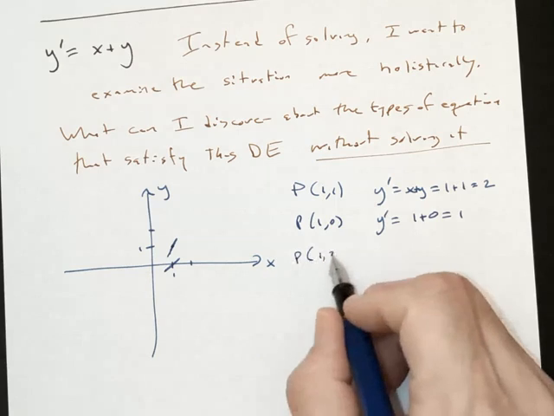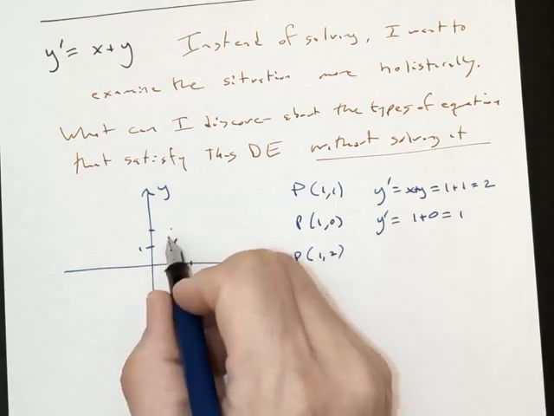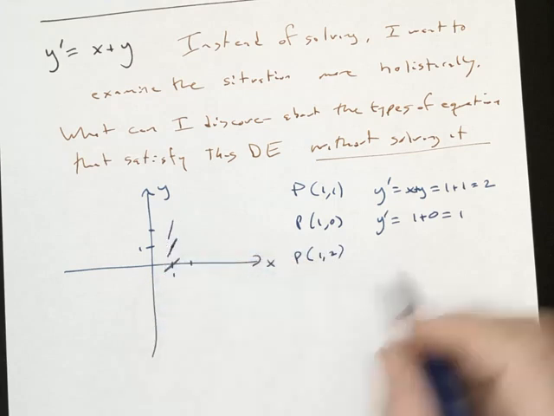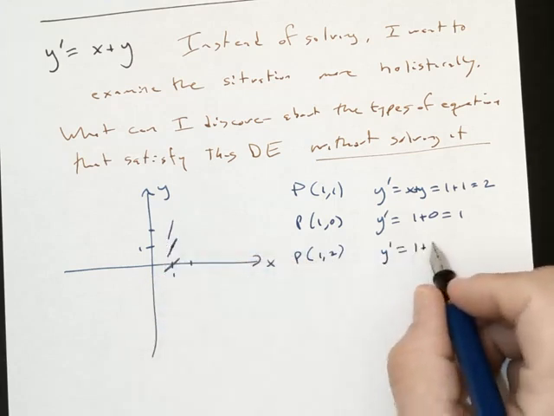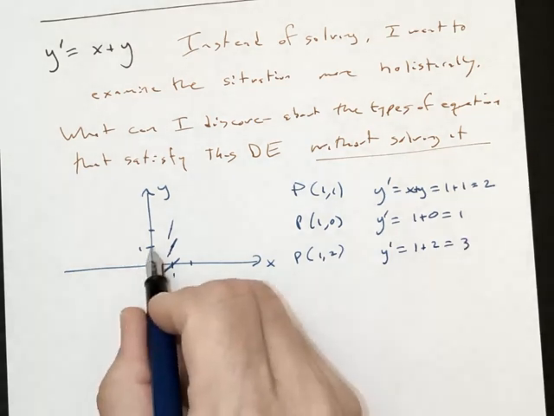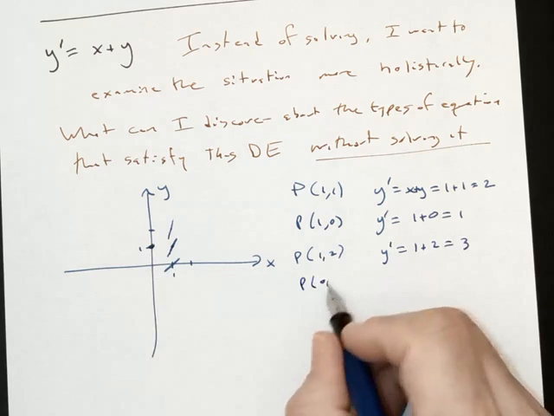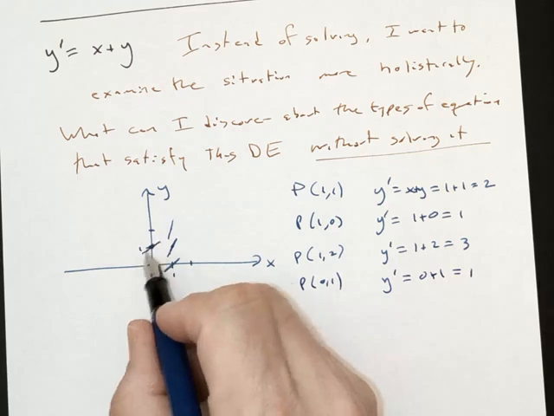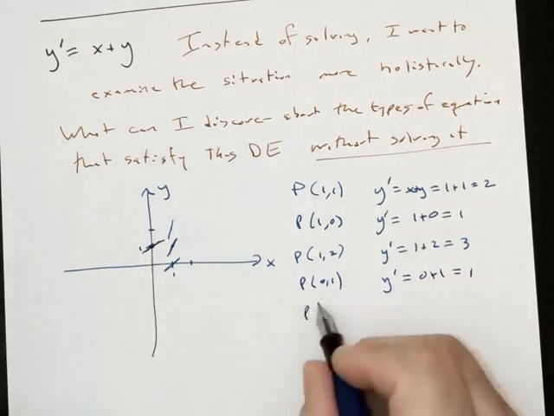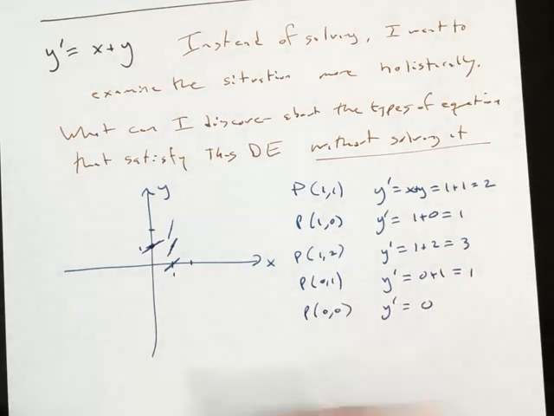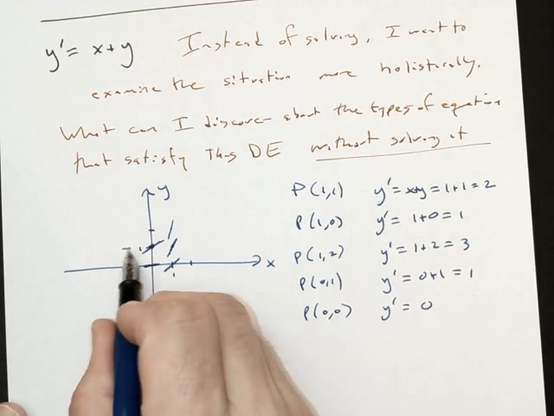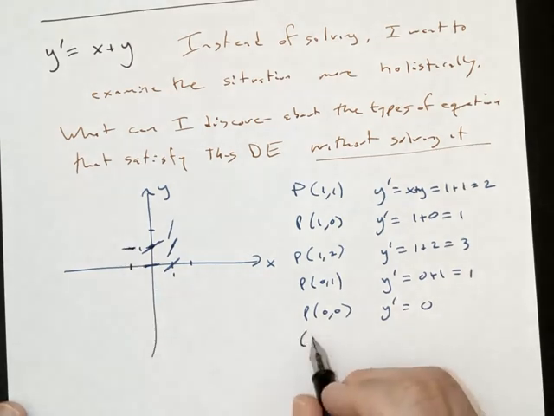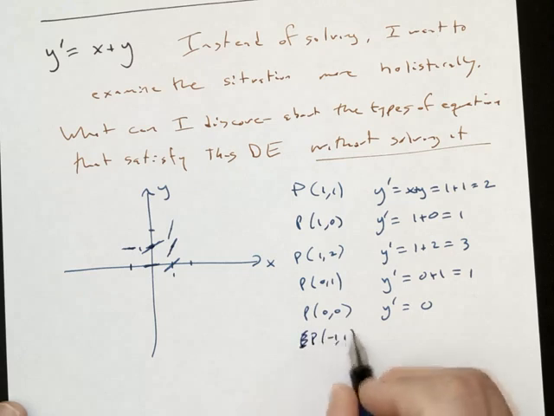If I go to the point 1, 2, I'll get a line whose slope is 3. If I go to the point 0, 1, I'll get a slope of 1. If I go to the point 0, 0, I get a slope of 0. But I also get a slope of 0 at the point negative 1, 1.